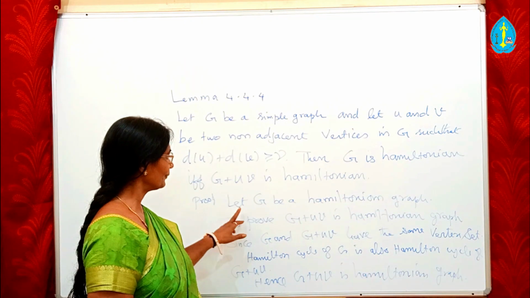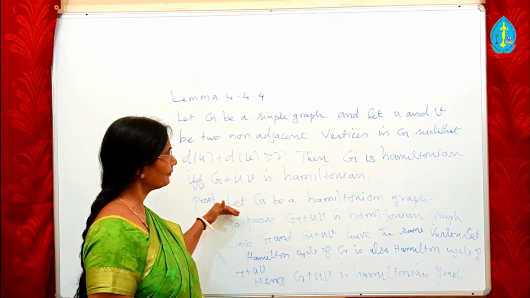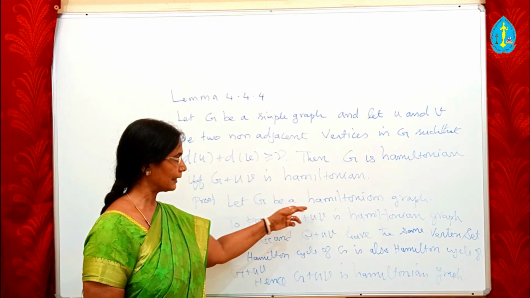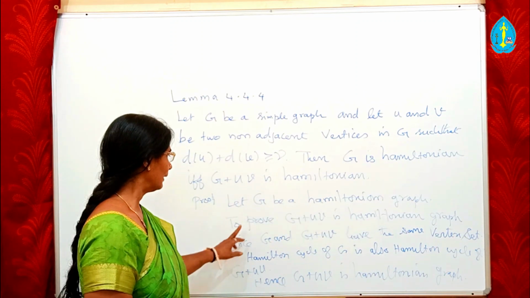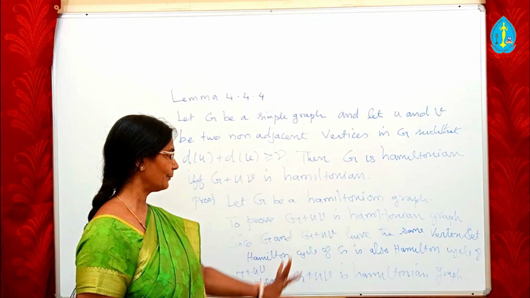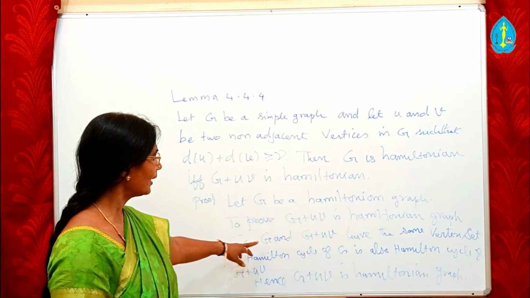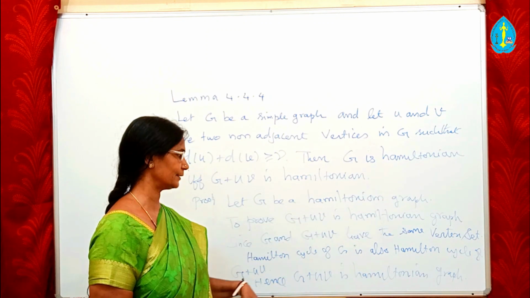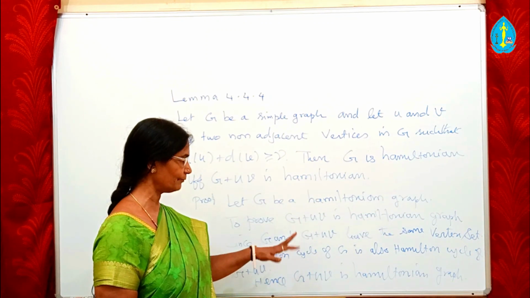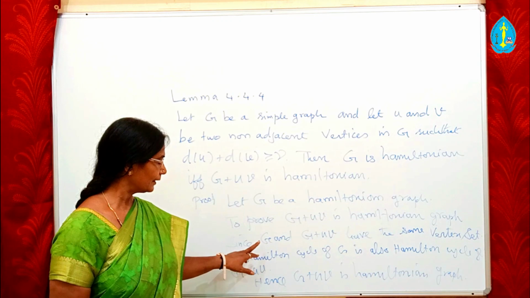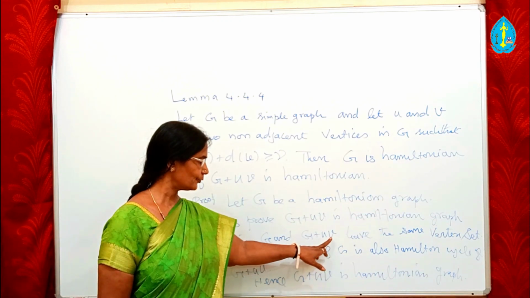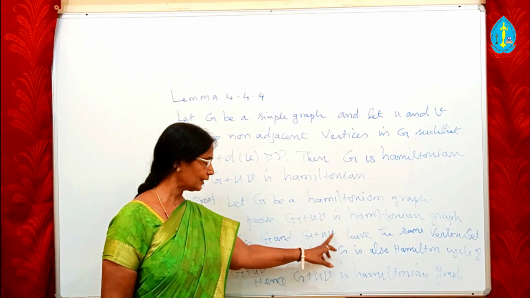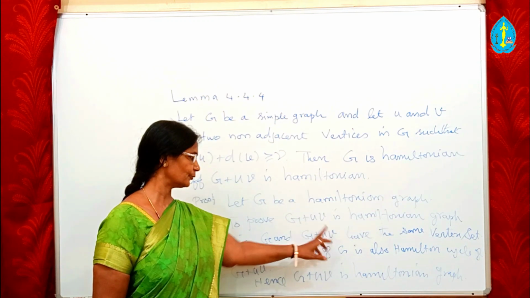First of all, we prove that if G is a Hamiltonian graph, then G plus UV is Hamiltonian. Let G be a Hamiltonian graph. To prove G plus UV is Hamiltonian: G and G plus UV have the same vertex set, since adding one edge UV to G gives G plus UV.